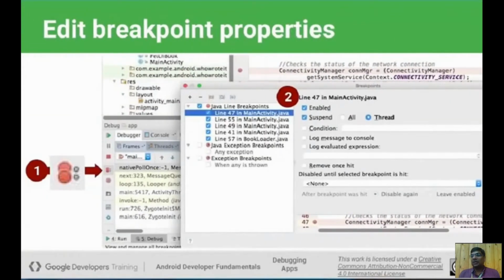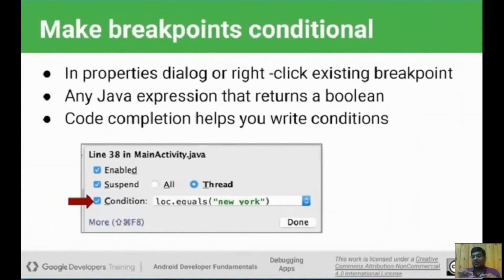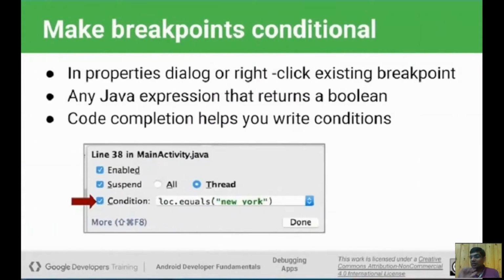You can always edit the breakpoint by clicking on it in the debugger pane, or you can set conditional breakpoints by right-clicking on any breakpoint and setting any condition you want.